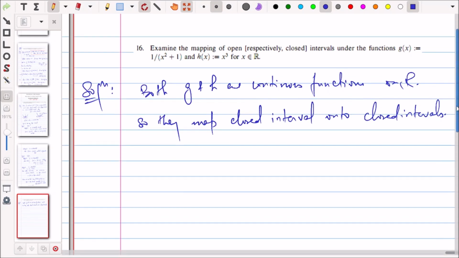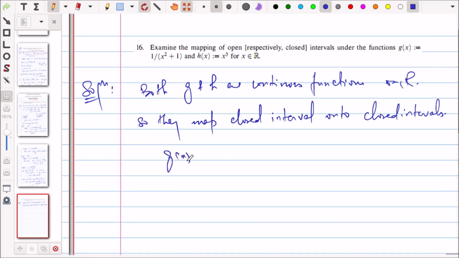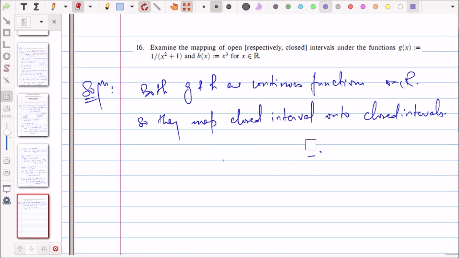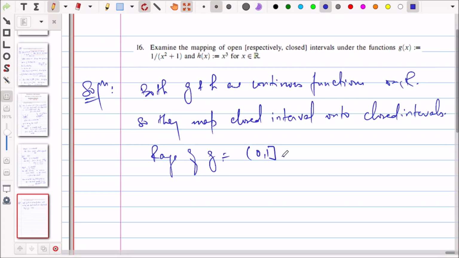So g(x) is basically a function from R to the interval (0, 1). In fact 0 is not attained here, so the range of g is the open interval (0, 1). If x goes to infinity, then it becomes open at the point 0.